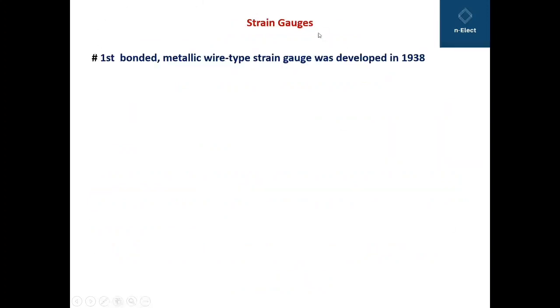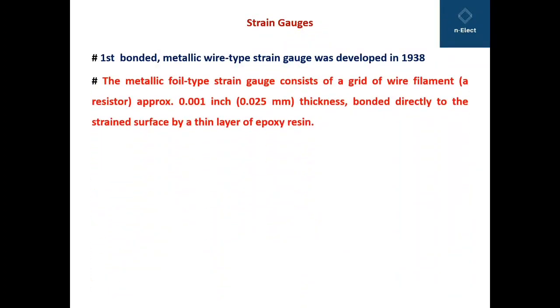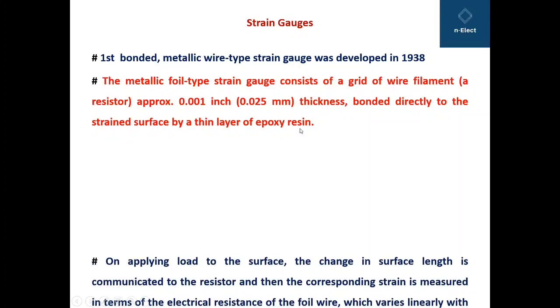Strain gauges. The first bonded metallic wire type strain gauge was developed in 1938. The metallic foil type strain gauge consists of a grid or a net of a wire filament, which is a resistor basically, approximately 0.001 inch, that is 0.025 mm thickness, and which is bonded directly to the surface which can be strained by a thin layer of epoxy resin. This is the adhesive.